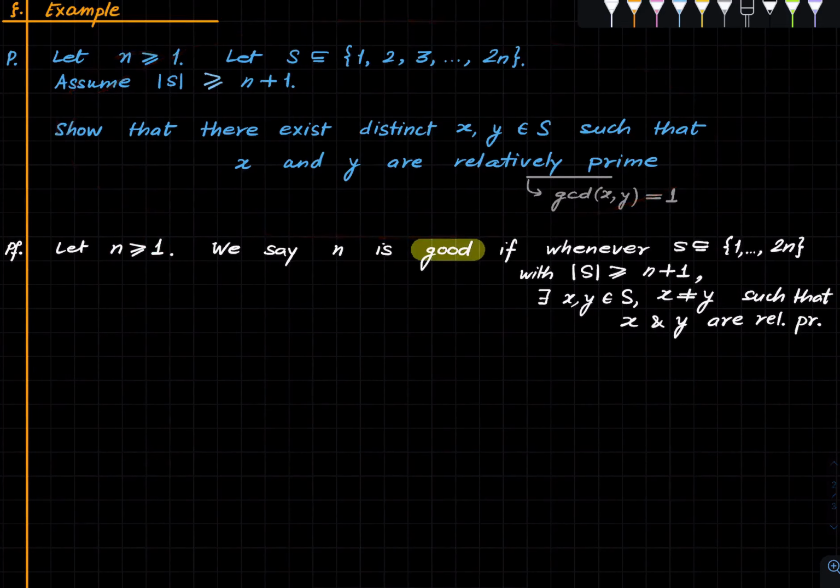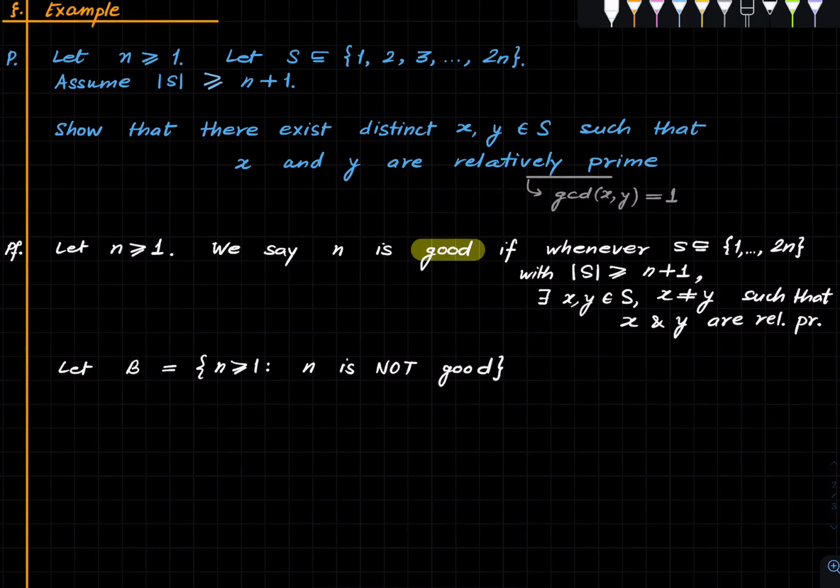All right. So basically the problem asks us to prove that every natural number is good. So this is just a restatement of the problem. Okay. So let us collect all the bad natural numbers in a set B, which do not conform to the proposition.